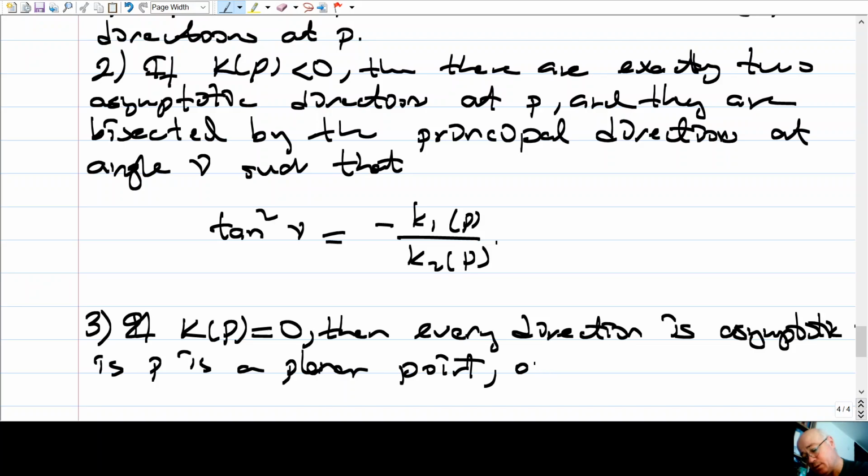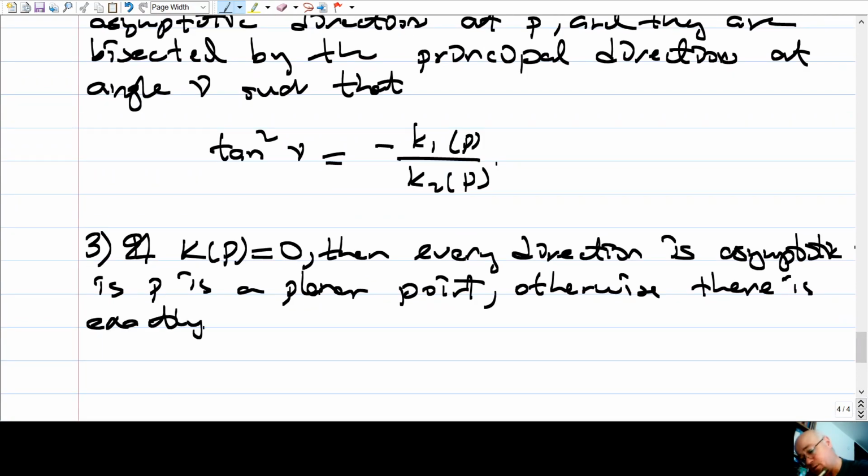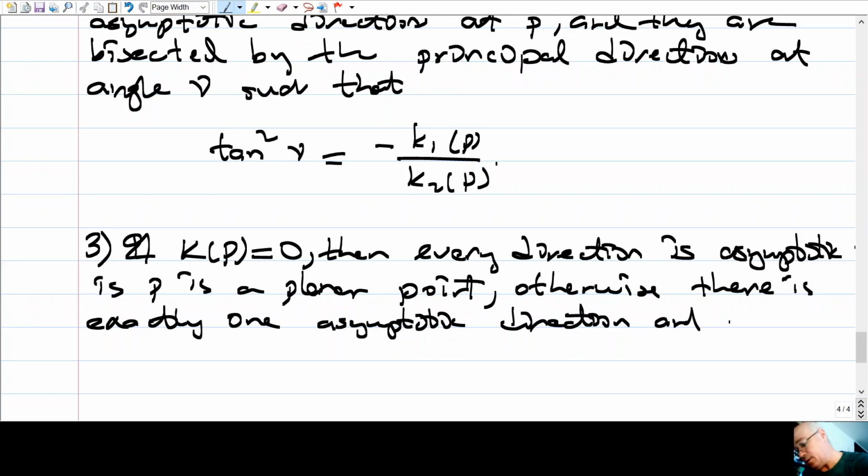Otherwise, there is exactly one asymptotic direction, and it is also principal. So that asymptotic direction is also principal.